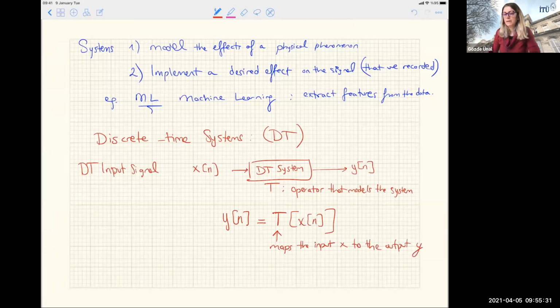So it's like a mapping. T is an operator, or let's say a mapping. So maybe let's get started with some example systems. Okay?